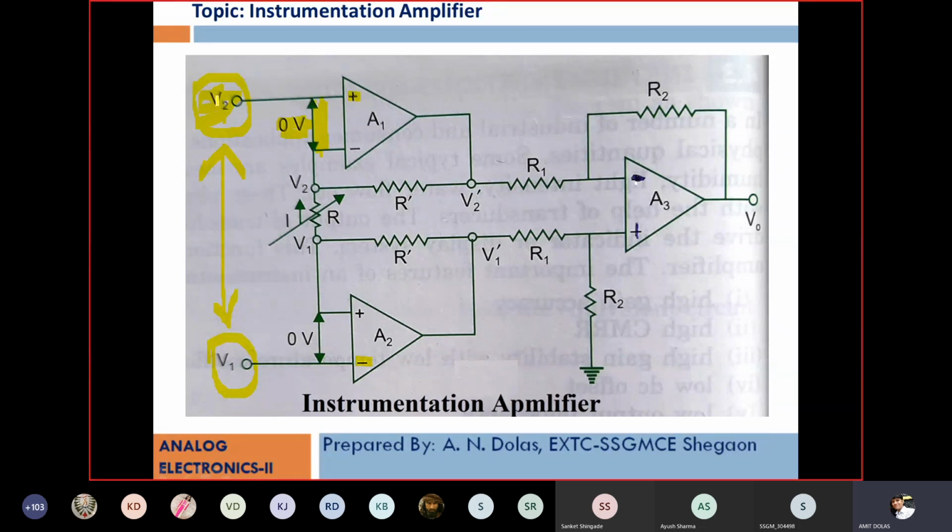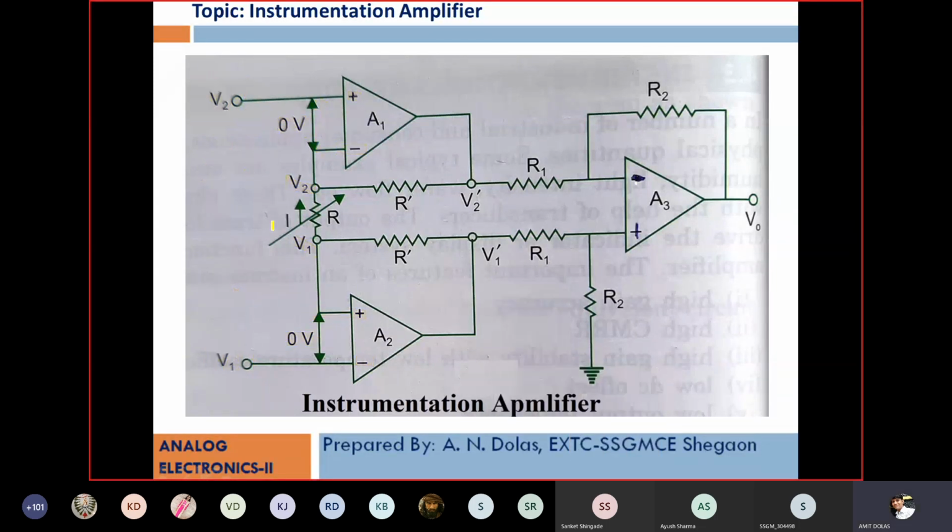To keep it 0, whatever is V2, the same will be on the other terminal, that is the inverting terminal. Whatever may be V1, the same will be on the other terminal, that is the non-inverting terminal. Because if we do so, then of course the differential voltage is 0, and both terminals will have the same voltage in stages A1 and A2.